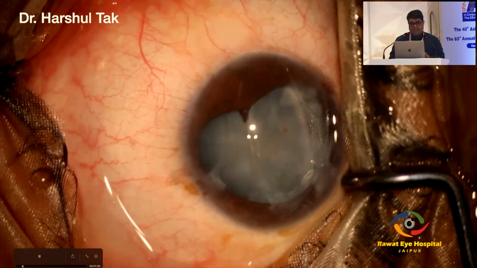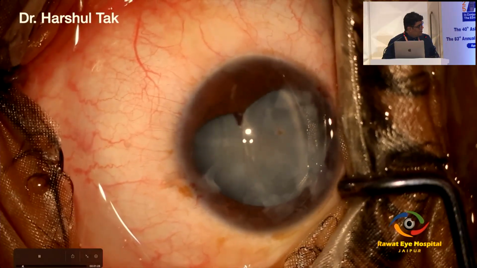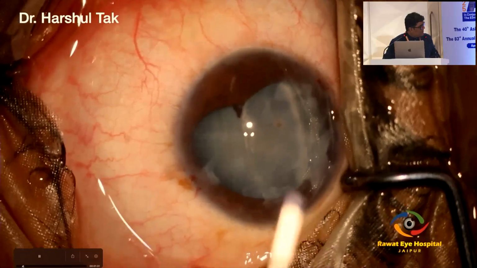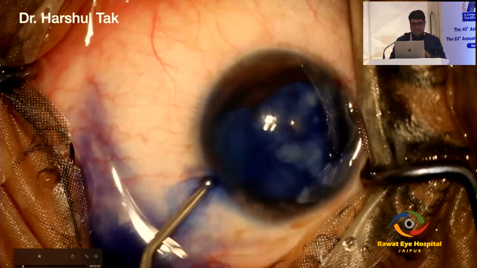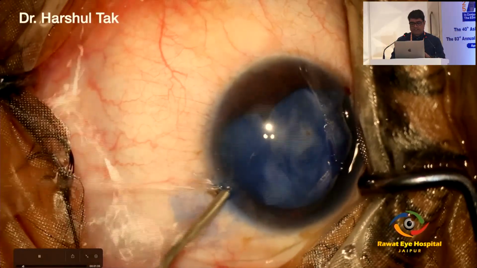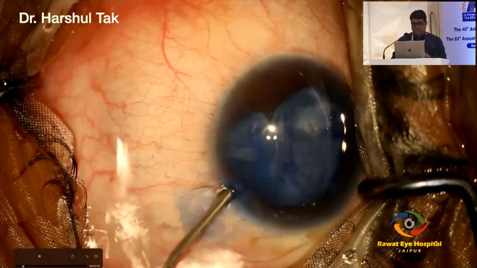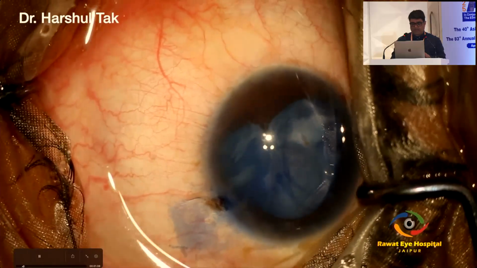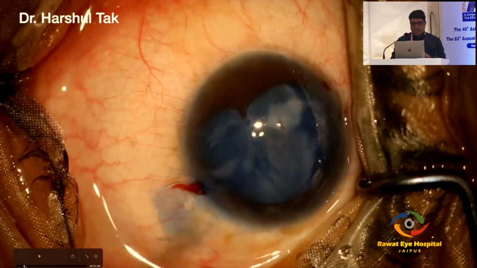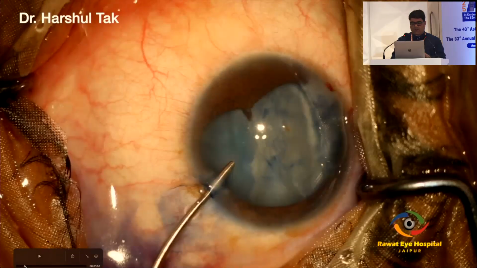After that, I'd like to stain the anterior capsule, which is very important, so that you can map out the extent of the tear. All this fluffy material comes off once you stain, and after that I go ahead and put viscoelastic.